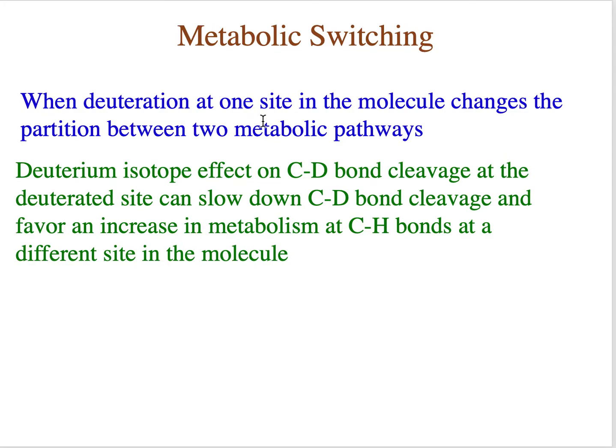Basically, what these kinetic experiments do is that when you deuterate a site that you think is, say, going to be deprotonated, it's going to slow down the deprotonation. And so this will make another CH site favored. This is known as a kinetic isotope effect, is that basically when you change the isotope for a molecule for a heavier isotope, you're going to slow down the kinetics of the reaction.